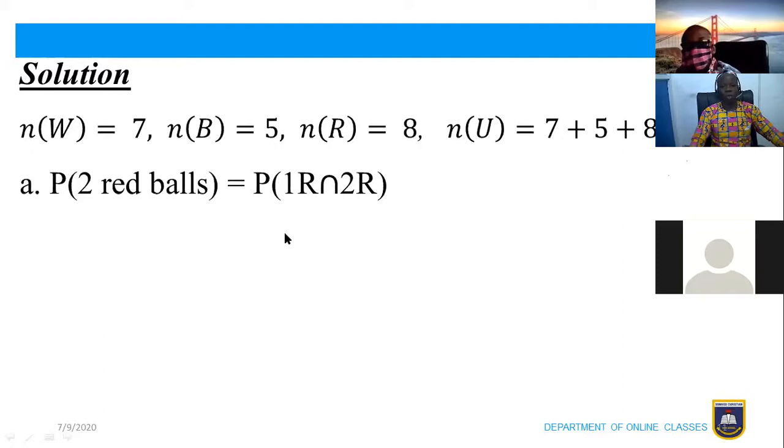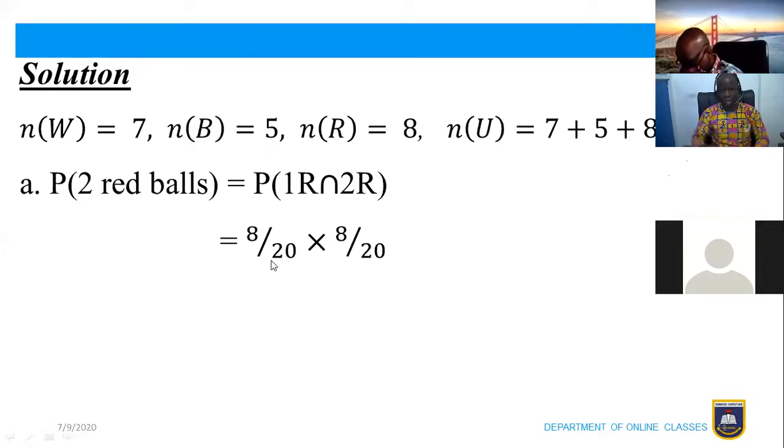So this will now be equal to, we know the probability of picking a red ball, and that will give us 8 over 20. The 8 there is the number of red balls. So if you pick one red ball, the probability of picking one red ball will be equal to 8 over 20. Now, if you remove one red ball, the number of red balls will reduce to 7.